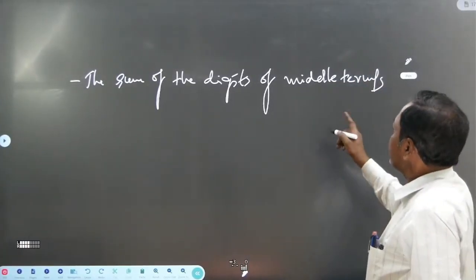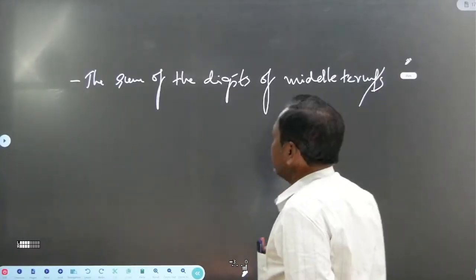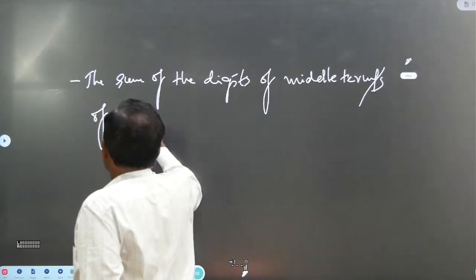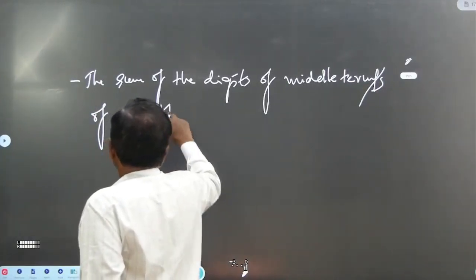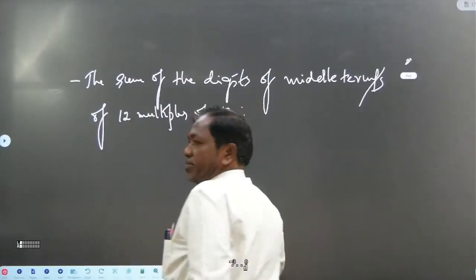The sum of the digits of the middle term or terms of 12 multiples of 12, right.